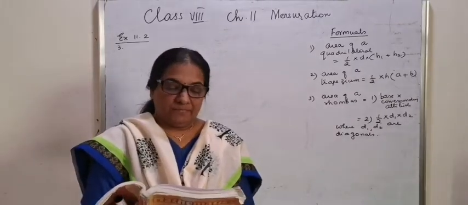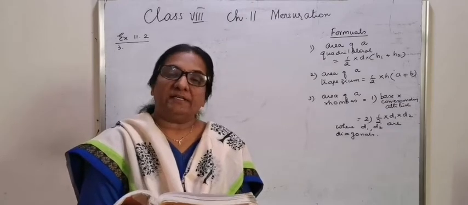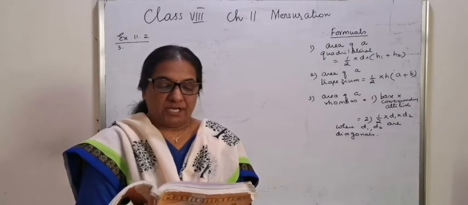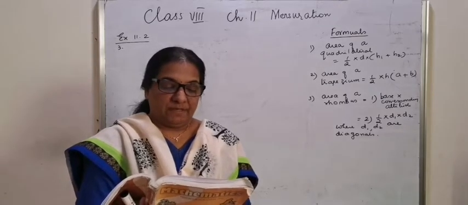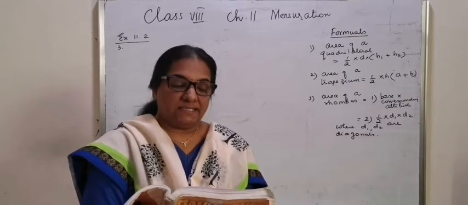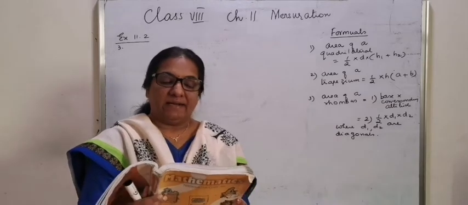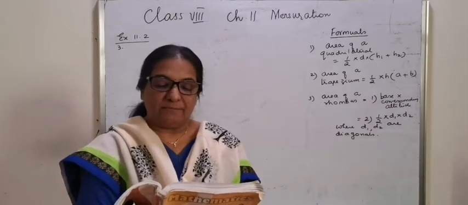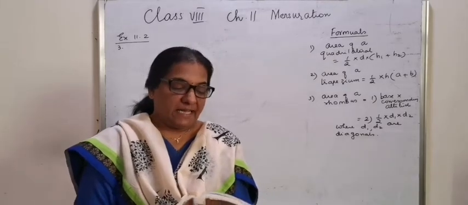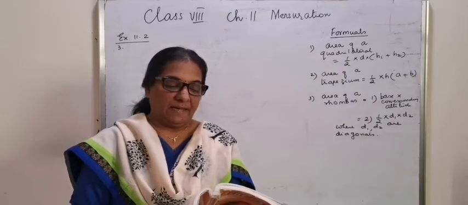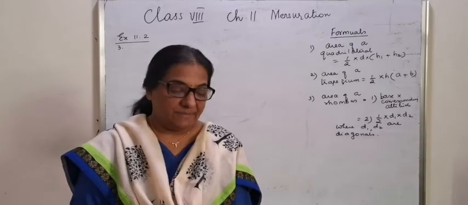Question number 3. Length of the fence of a trapezium shaped field ABCD is 120 meter. If BC is 48 meter, CD is 17 meter and AD is 40 meter, find the area of this field. Side AB is perpendicular to the parallel sides AD and BC.